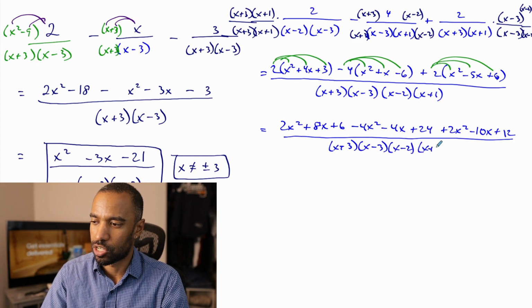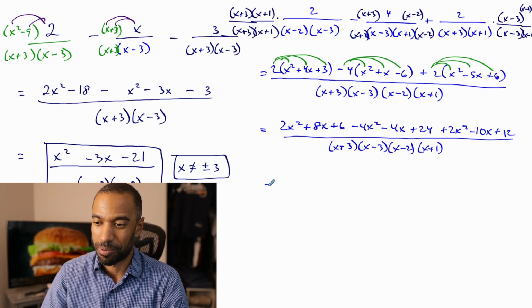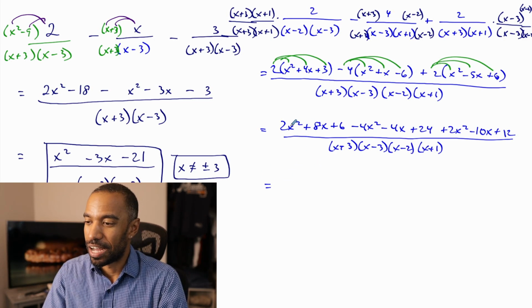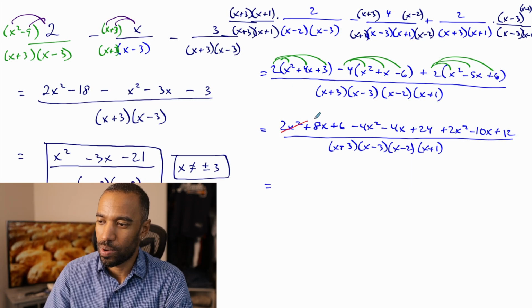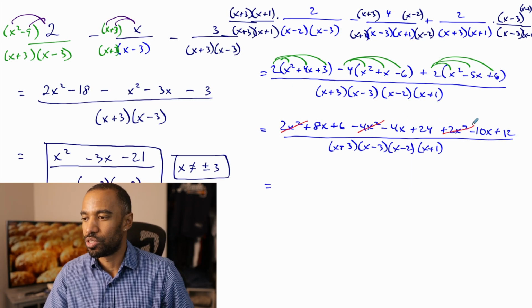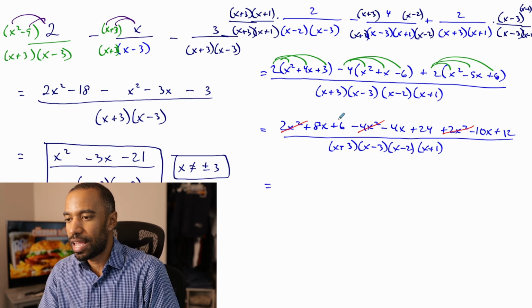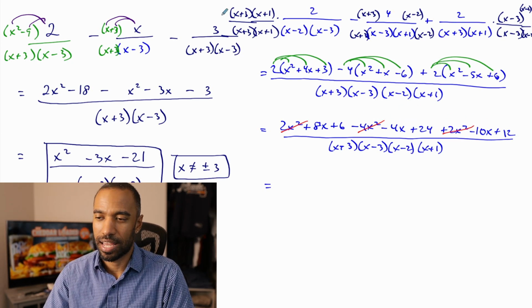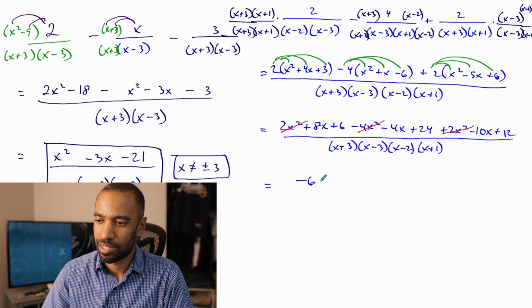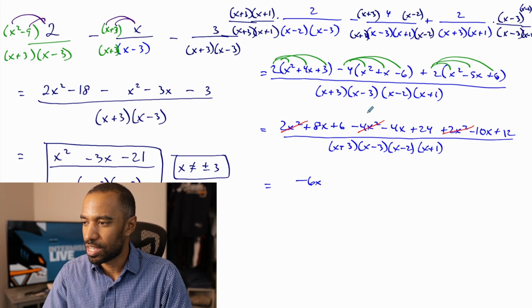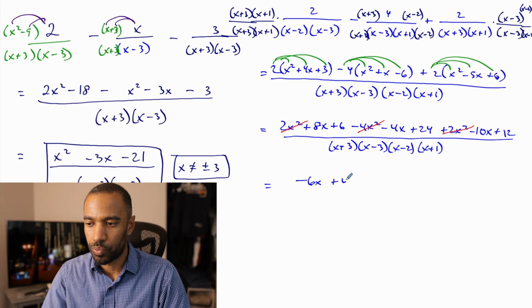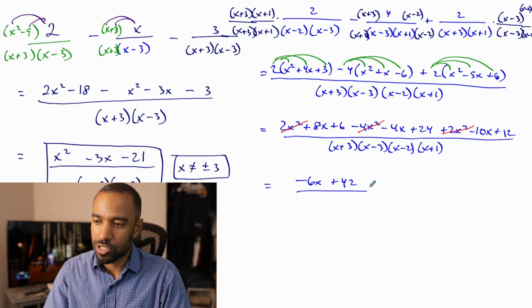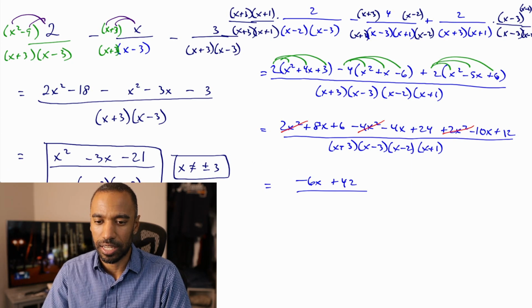And combine like terms and see if anything's factorable, which again I wish it was. 2x squared minus 4x squared plus 2x squared is 0. Those are gone. 8x minus 4x minus 10x is negative 6x. 6 plus 24 is 30. Plus 12 is 42.